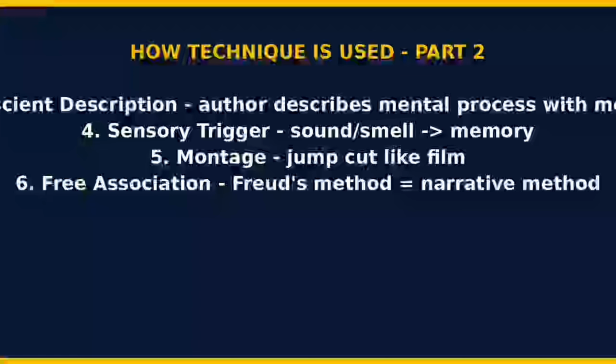And how is it triggered? Always through a sensory cue: a sound, a smell, a sight. Then memory and association take over, past and present collapse, and Freud's free association method becomes the narrative method. That is how the technique is put to use.